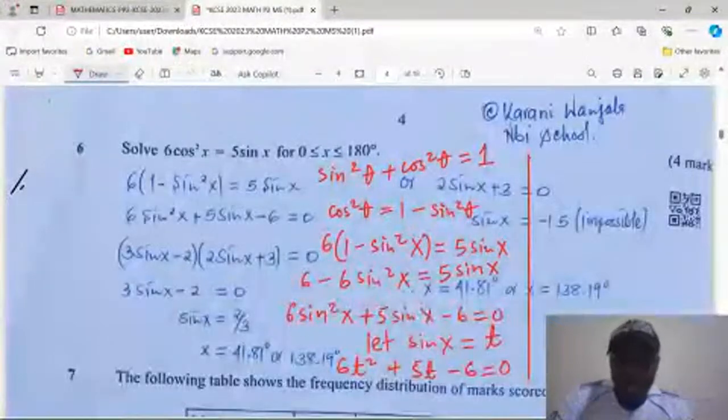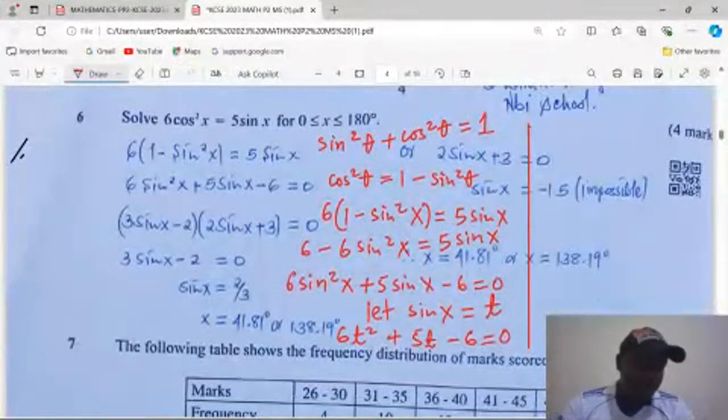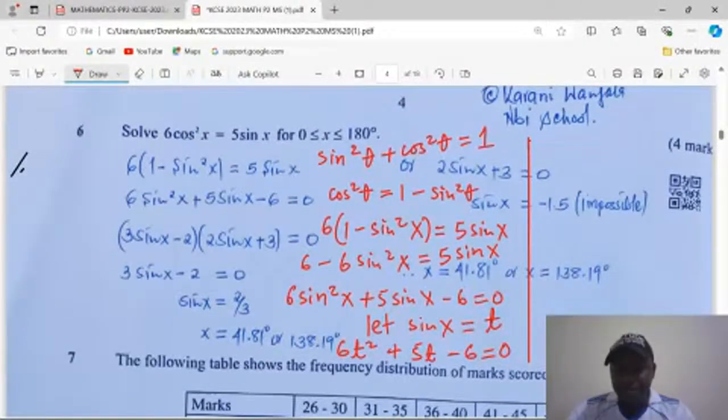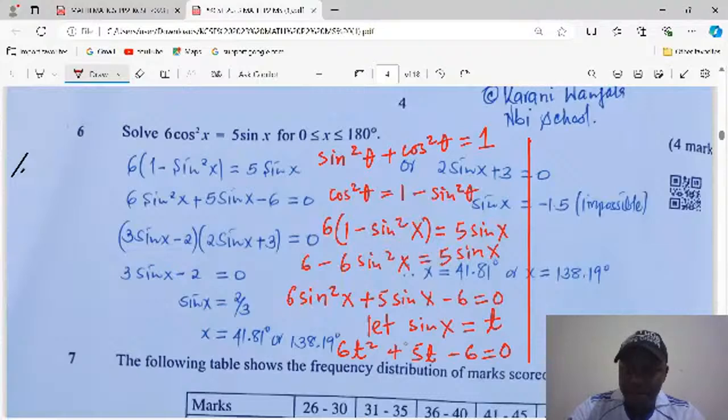Okay, so we are at the quadratic equation, whereby now we can solve it to get the value of t. There are, of course, two values of t, whereby we need a product of negative 36 and a sum of 5.